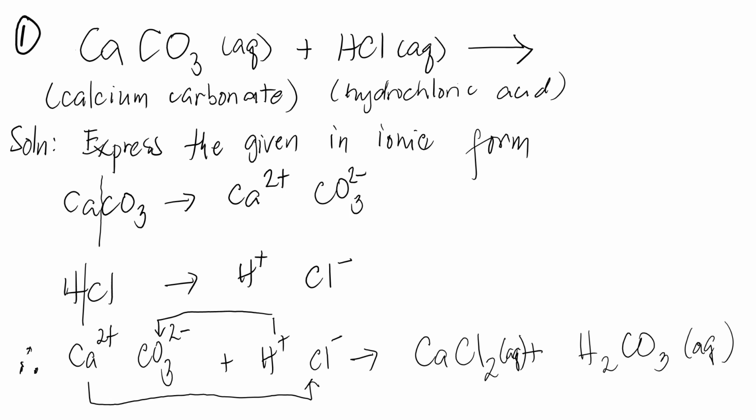Okay? Now, the very first process that we should do, and I always say this, is to express the given in terms of ionic form. So when we say ionic form, it must reveal the charges of the elements or polyatomic ions involved.